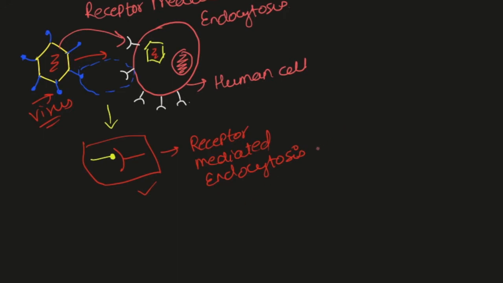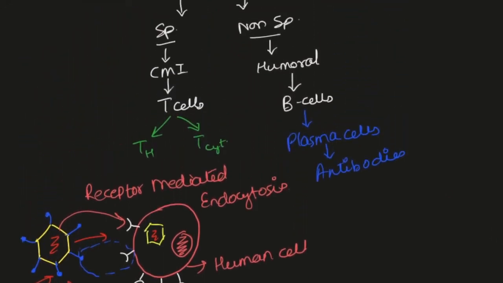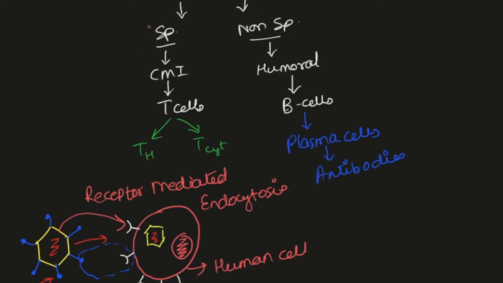Now, in order to combat this type of infection, our immune system, especially the specific immune system and the non-specific immune system, combat the virus simultaneously by producing different mechanisms.